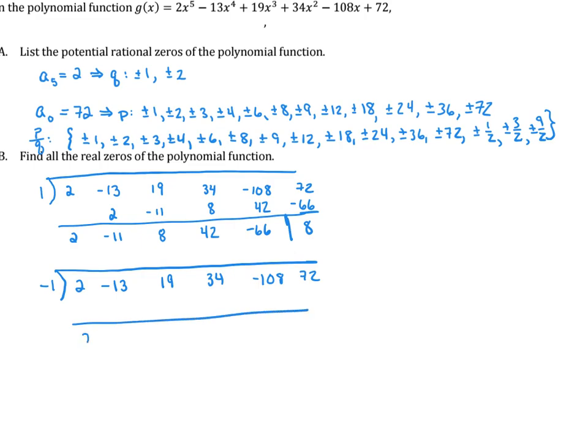So bring it down, multiply, multiply, so we have 180, which is definitely not 0. So let's try our next one. Let's try 2.